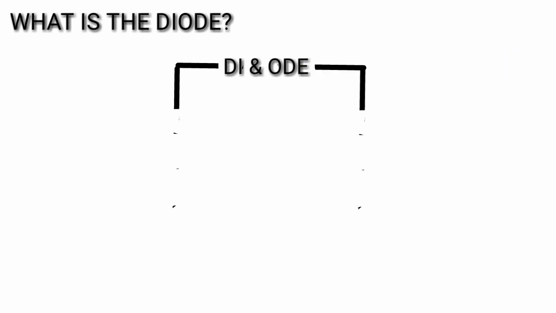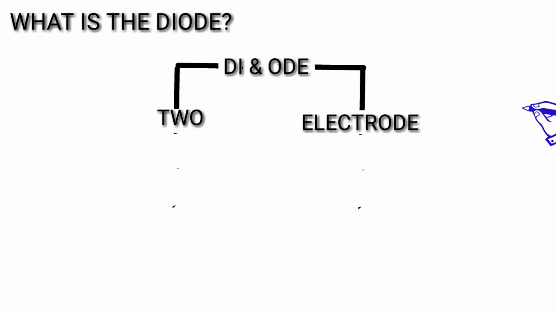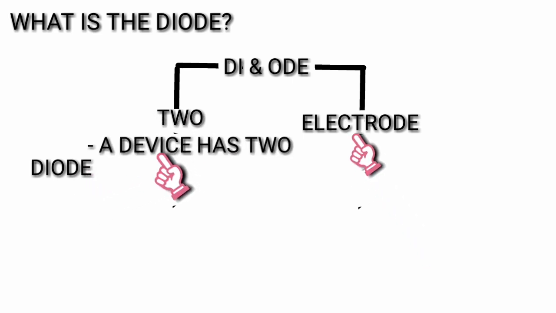Di came from the Greek word, simply meaning two, and ode came from the word electrode. Combine the two words again, which is diode. Simply it means a device that has two electrodes.